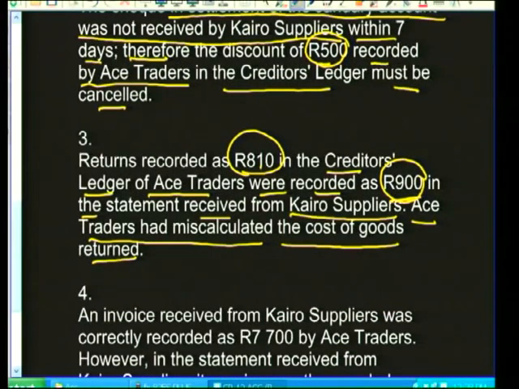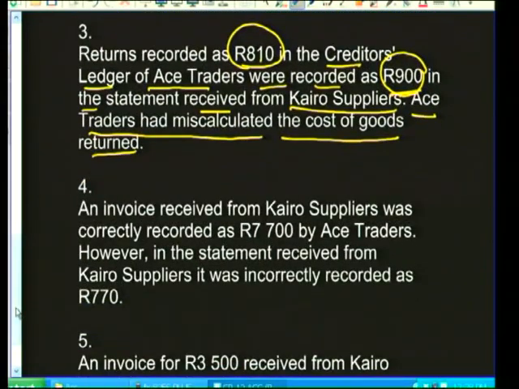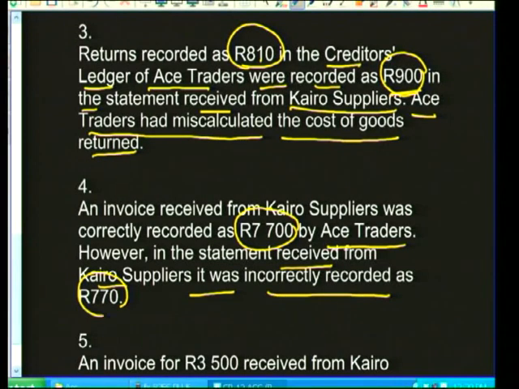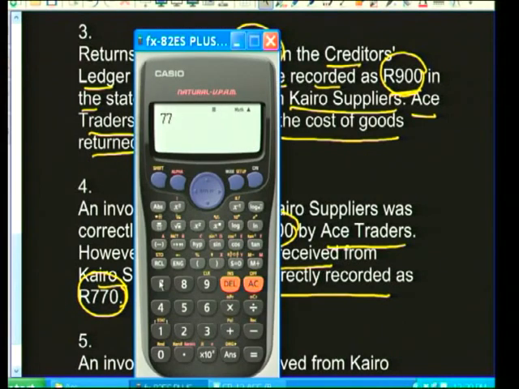Okay, next one. An invoice received from Cairo Suppliers was correctly recorded as 7,700 by Ace Traders. However, in the statement received from Cairo Suppliers, it was incorrectly recorded as 770. Clearly you can see something awry. A 0 is missing, right? What's the difference? 7,700 minus 770 will give you a figure of 6,930.